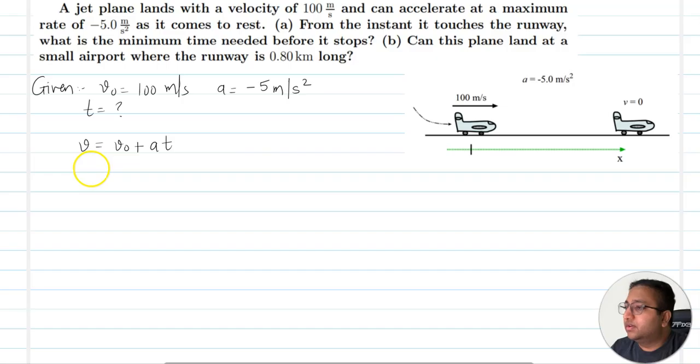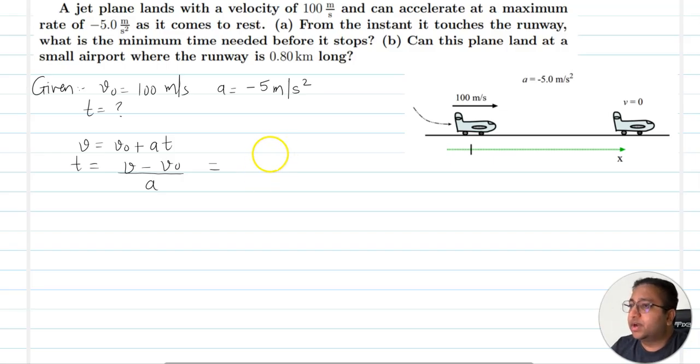Now I will rearrange this equation as T equal to (V minus V0) divided by A. In this equation, V is the final velocity, V0 is the initial velocity of the jet plane, and A is the acceleration. Since the final velocity is going to be 0 and the initial velocity is higher than the final velocity, A is basically the deceleration in this case.